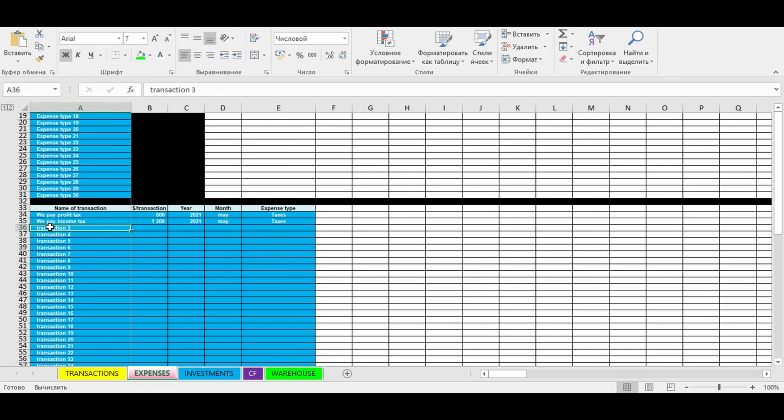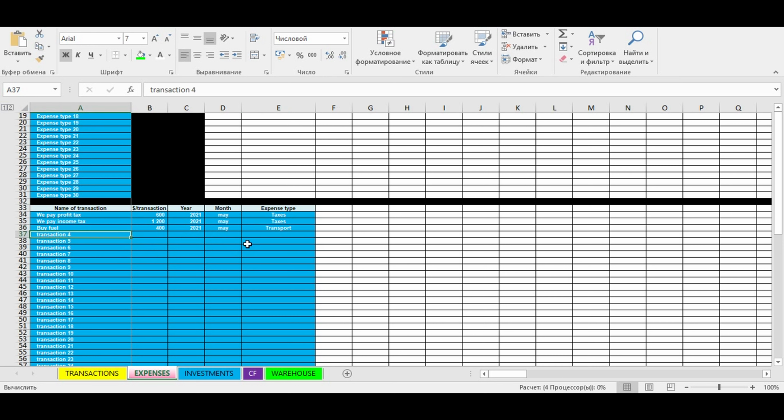Then, for example, we need to buy some fuel for our trucks. Buy fuel. For example, it will cost us $400. May. It will be transport.